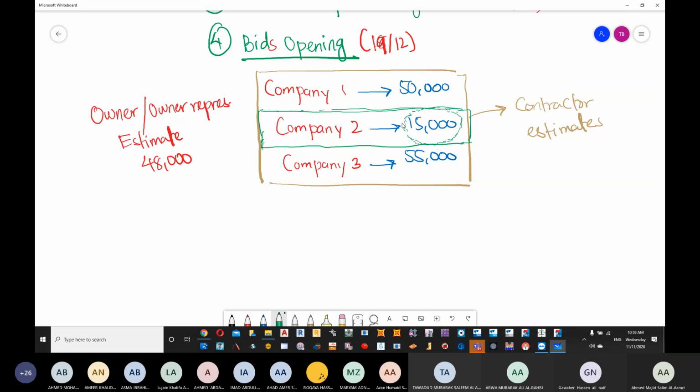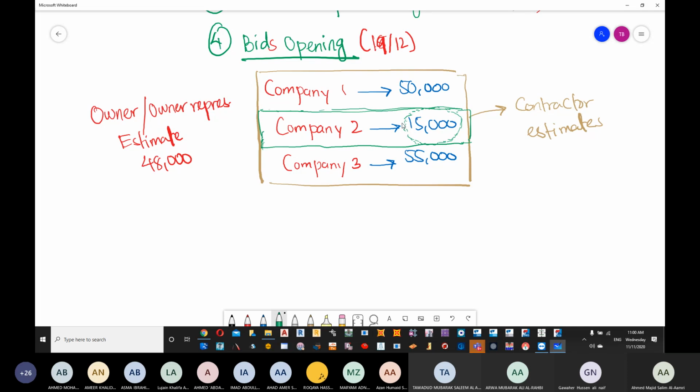Do you think that he can finish the project completely without a problem, or that he will stop at a certain time and the money is already finished? He will stop at a certain time because eventually 15,000 is not sufficient to complete the project.